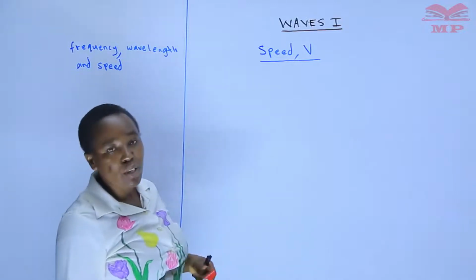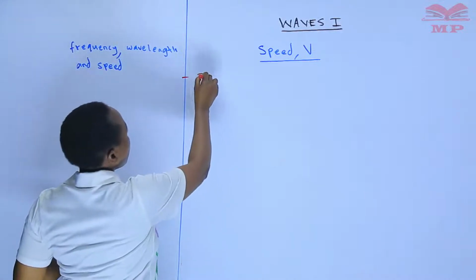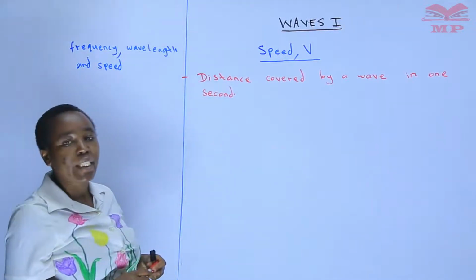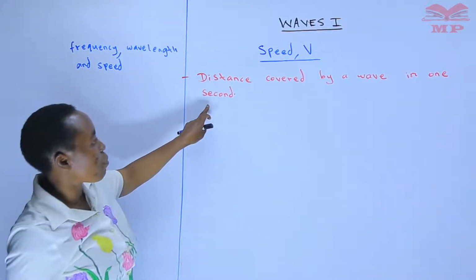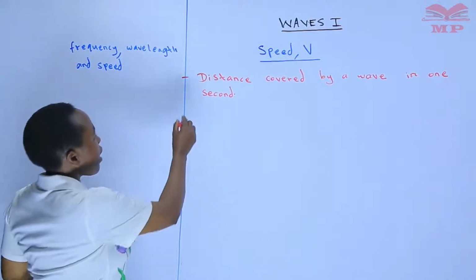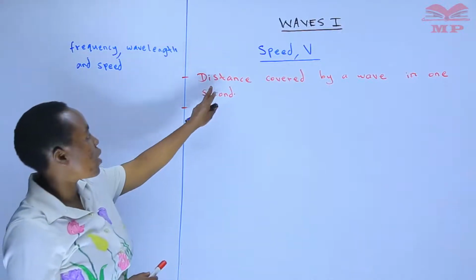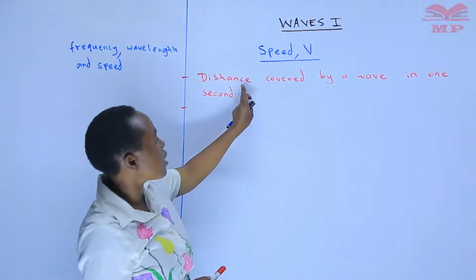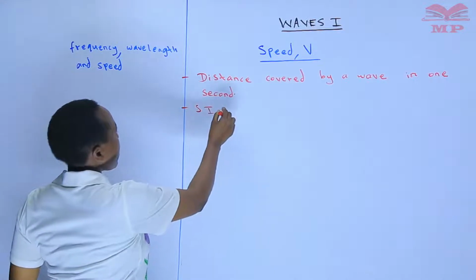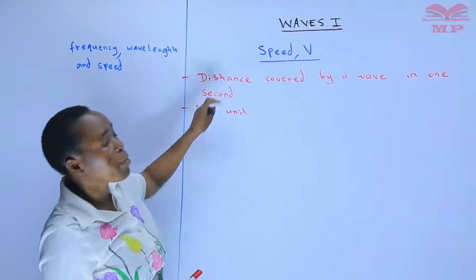So in waves, we are just going to use the same definition and say that speed refers to the distance covered per unit time, where 1 second is now the unit time. So it is the distance covered by a wave in 1 second. And from this definition, we can get the SI unit of speed, because speed is distance divided by time, and therefore the SI unit for speed will be meters per second.